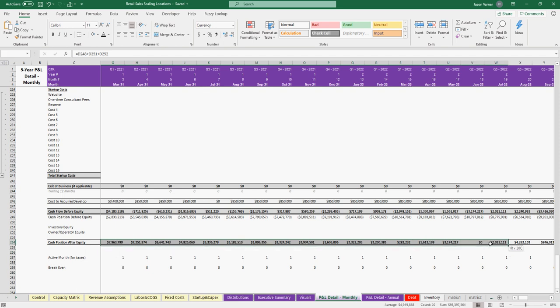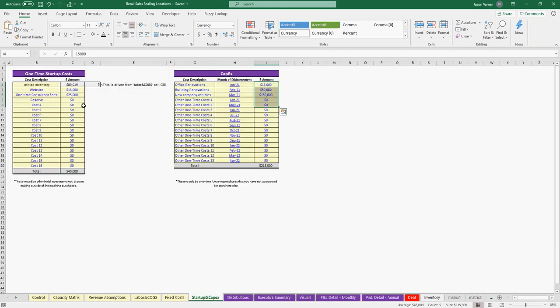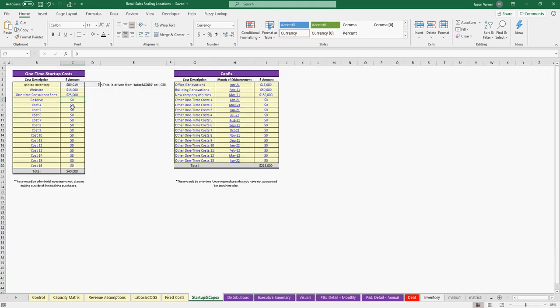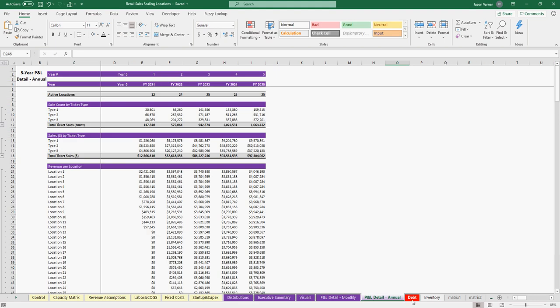And you can see it goes to 0. Now that means assuming everything happens as you think, you'll have just enough to make it. If you want a reserve, you can just go into your startup costs and put in a value here. And that's just going to say when you get to 0 here, you'll actually have whatever your reserve is available, whatever it might be. And that will all flow to your startup, your equity requirements and everything else dynamically.